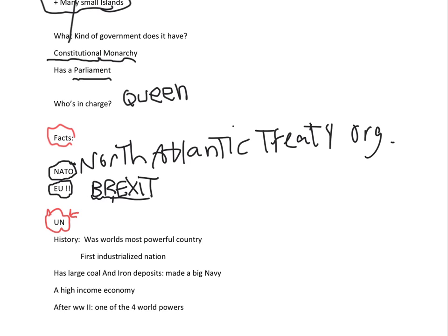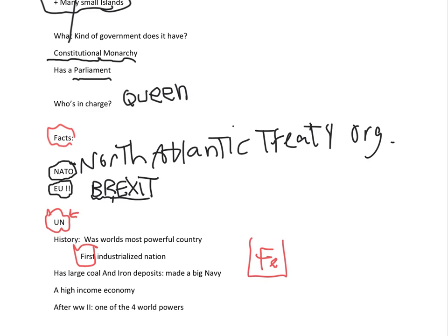History: it was the world's most powerful country, because it was the first industrialized nation. Industrialized, meaning industry. It has large coal and iron deposits.